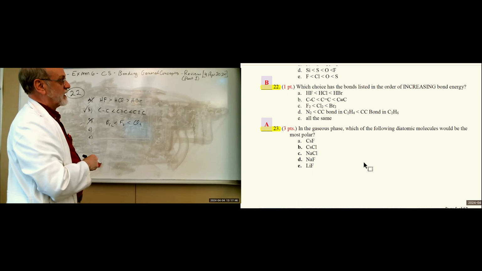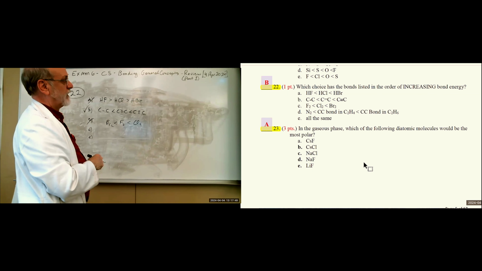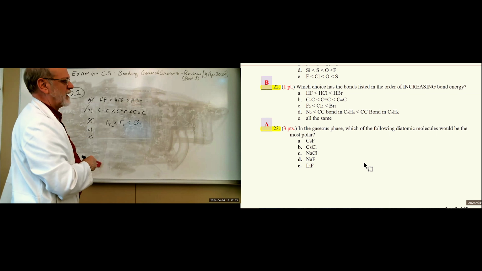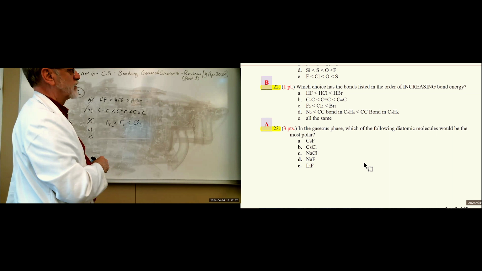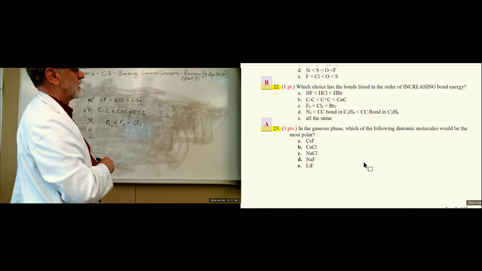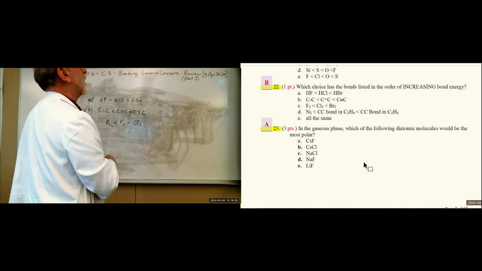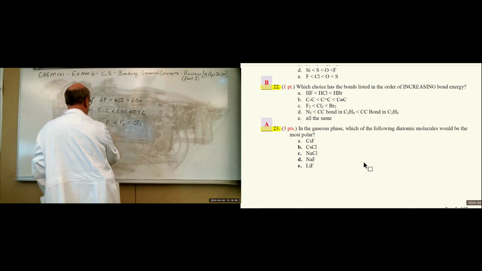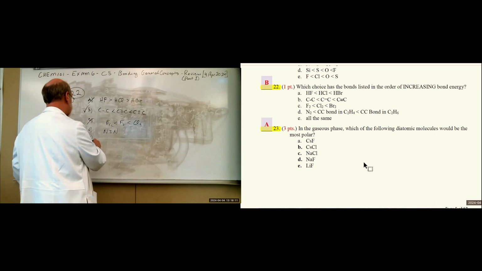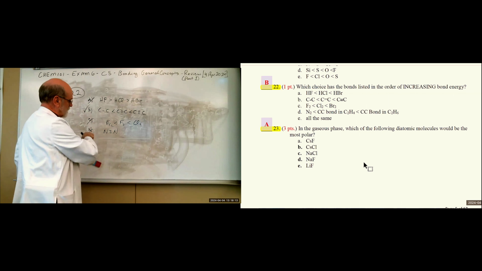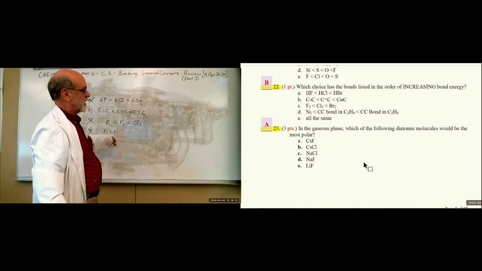And then N2 less than carbon-carbon bond. What is N2? It's got a triple bond in it. Right, so it can't be less. So D has to be wrong because they put this one at the shallow end.